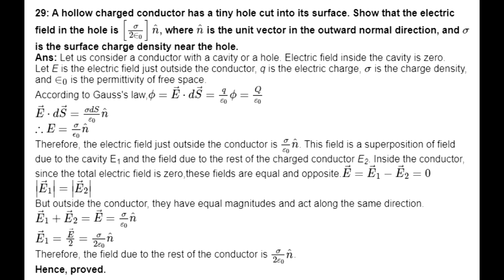It means that E1 is equal to E2. But outside the conductor, they have equal magnitudes and act along the same direction. So E1 plus E2 is equal to E, that is sigma by epsilon naught. So the value of E1 is equal to E by 2, that is sigma by 2 epsilon naught. Therefore, the field due to the rest of the conductor is sigma by 2 epsilon naught perpendicular to the plane of the surface.